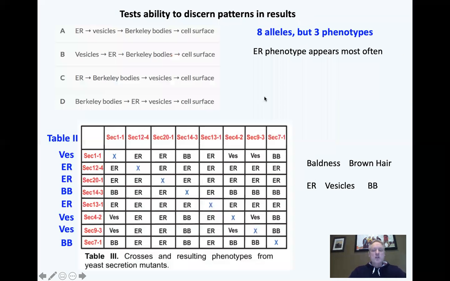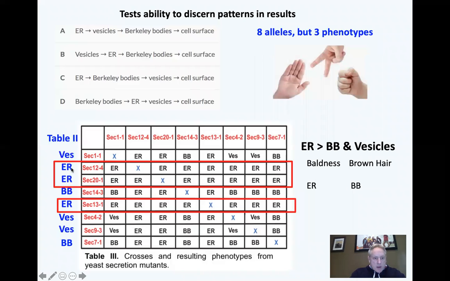The first thing to do with this table is to recognize there's 8 alleles, but only 3 phenotypes. As you further take a look at it, you're going to recognize that anything that has an ER phenotype, whether it's crossed to any of the other ones, always gives you an ER phenotype, which means it's like dominant. I think of it like rock, scissors, paper.